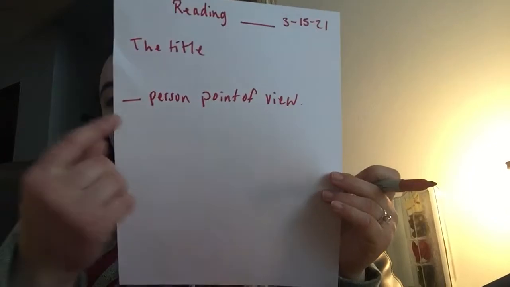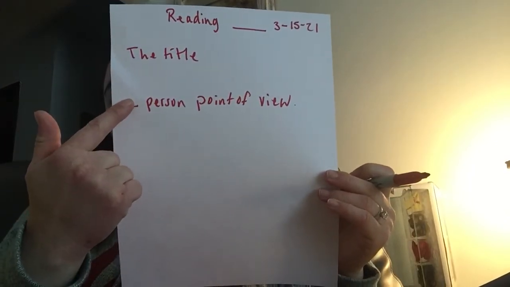You'll put either first person or third person point of view. And if it's first person point of view, say who is telling the story. So far I have the title, and then either first or third person point of view.